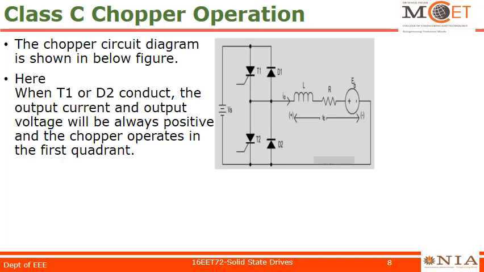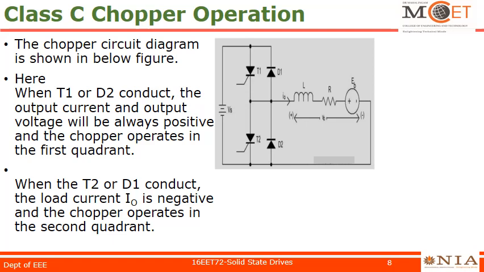When T1 or D2 conducts, the output current and output voltage are always positive, and the chopper operates in the first quadrant. So T1 and D2 form the class A chopper, the first quadrant. When T2 and D1 conduct, the load current is negative and the chopper operates in the second quadrant.